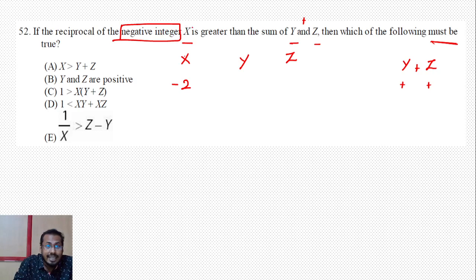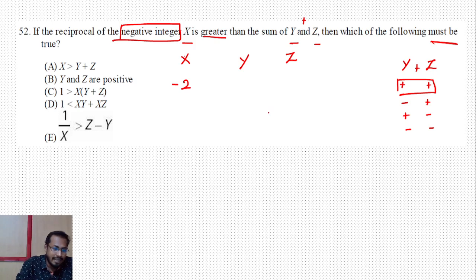They say the negative number should be greater than the sum, so definitely this is wrong. Don't take this. I can take one number negative and one positive, or one positive and one negative, or both values negative. There is a chance of x being greater; otherwise it is not possible. So don't take both numbers positive.